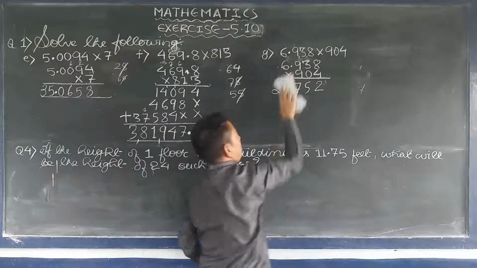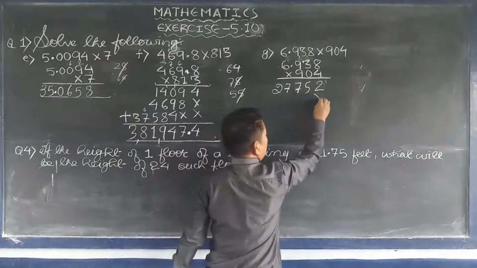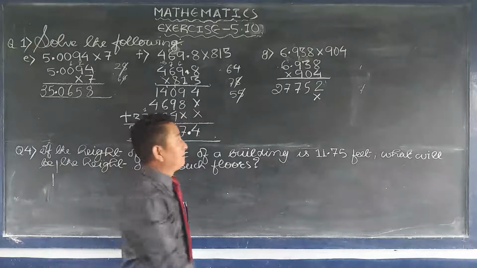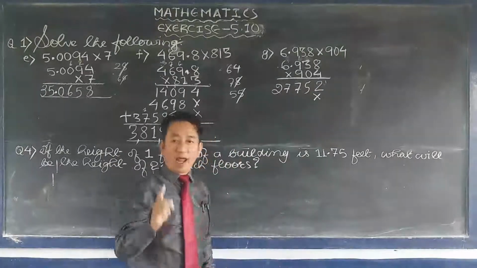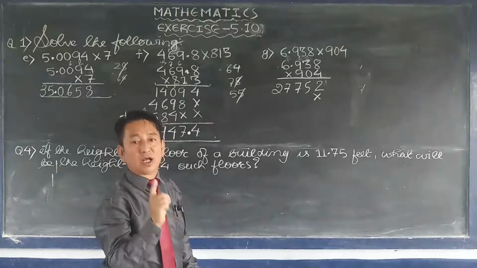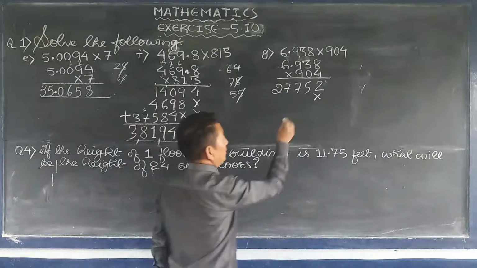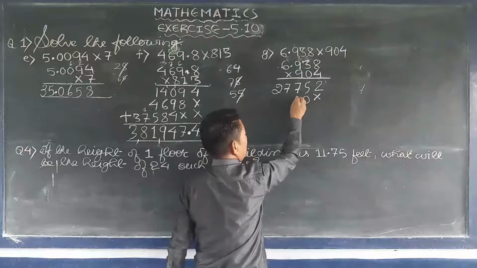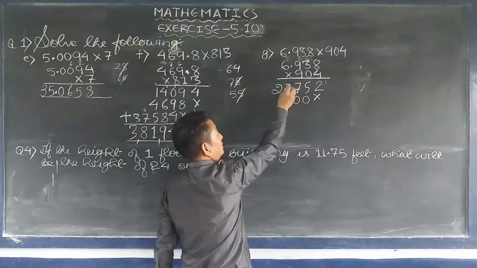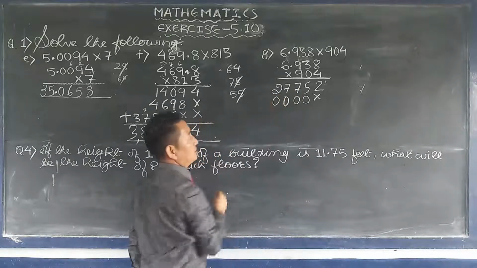Always use pencil here. Now next, 6.938 is multiplied by 0. If any number is multiplied by 0, the product is 0. Now 0 8s are 0, 0 3s are 0, 0 9s are 0, 0 6s are 0.